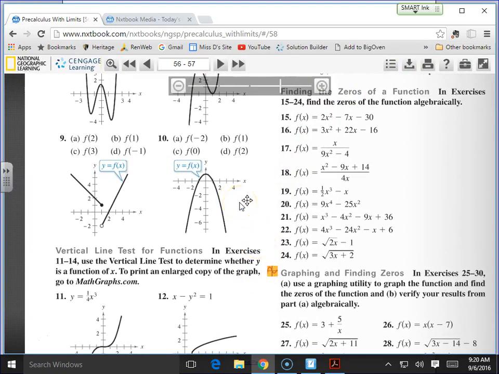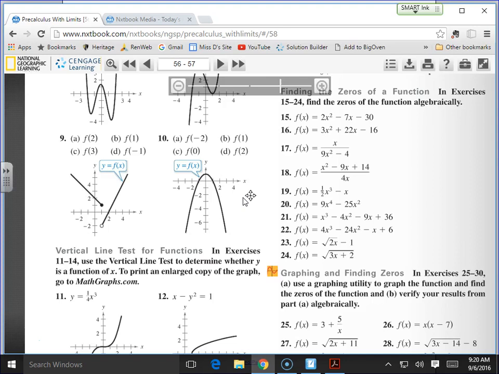Hey guys, this is 1.5, right? What does F parenthesis number always mean? Find me a Y value when X is 2. So go find X is 2. Y value looks a lot like 0. Approximate. Letter B, F of 1.